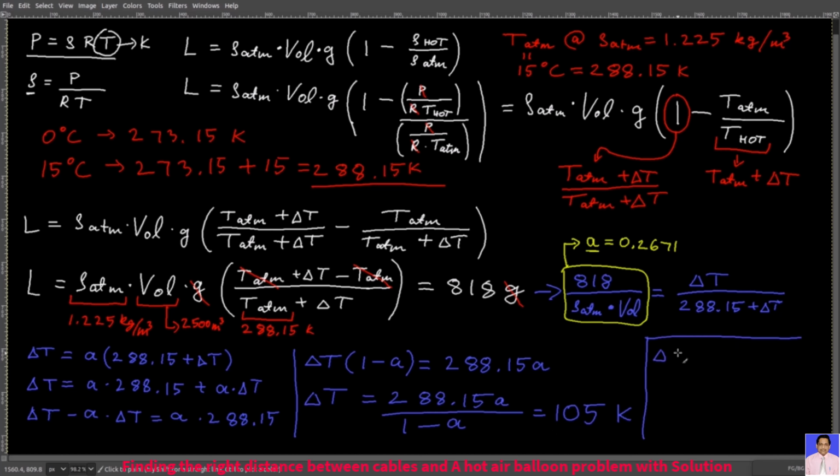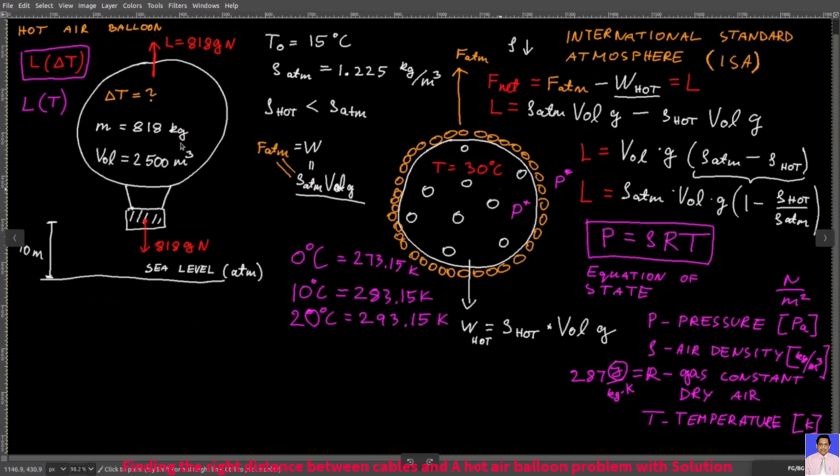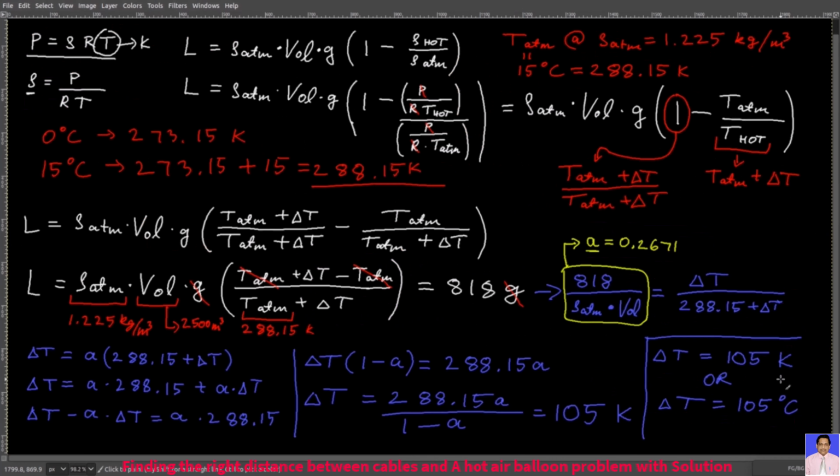You have to add 105 Kelvin or 105 degrees Celsius to this balloon in order to make it hover here at the altitude of 10 meters. And the reason why it doesn't matter whether I use Kelvin or degrees Celsius here is because this is not a temperature variable. This is the change of your temperature.